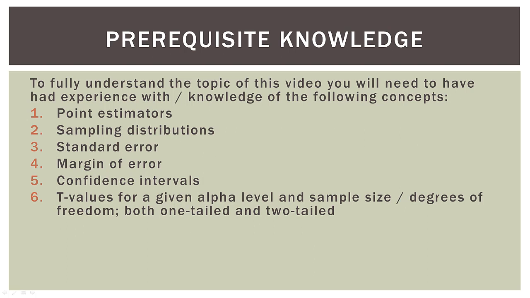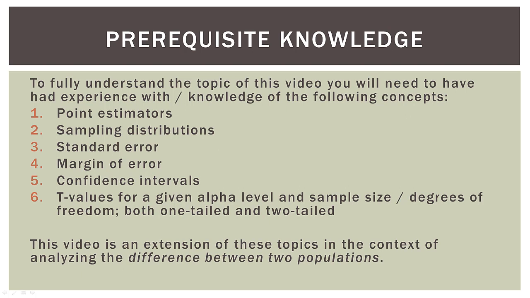So basically what I'm saying here is that you need to know how to use the t-table. So this video is an extension of all these topics and sort of a weaving together of all of them in the context of analyzing the difference between these two populations using samples. And more specifically, they are matched samples.